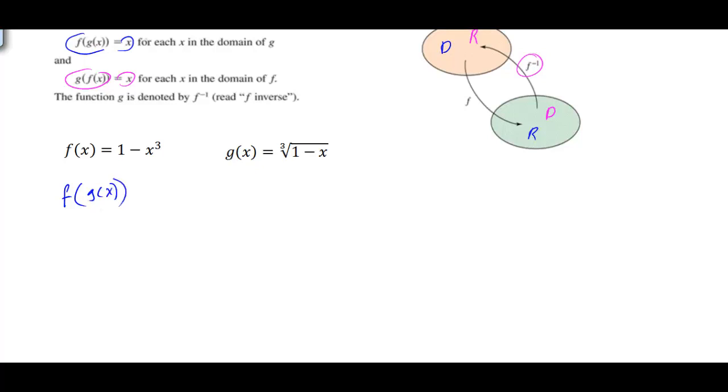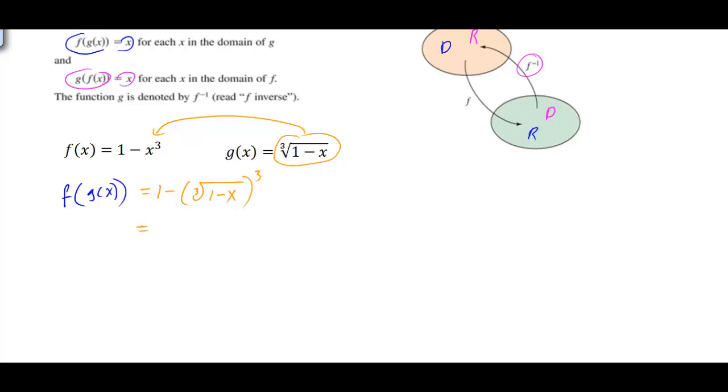So that simply means that we're going to take function g and substitute that into function f, and therefore we will end up with 1 minus x, well, our x is going to be the cube root of 1 minus x, and then of course all of that has to be cubed.